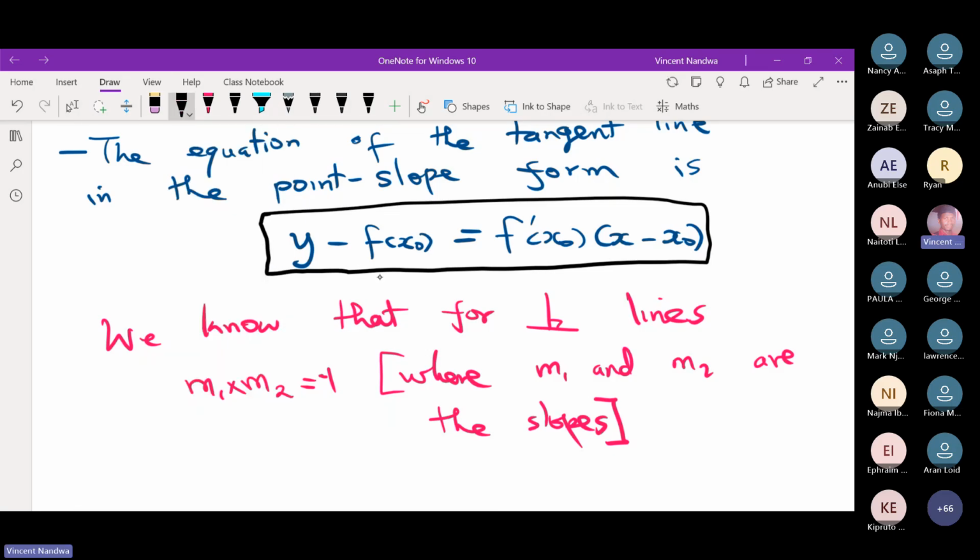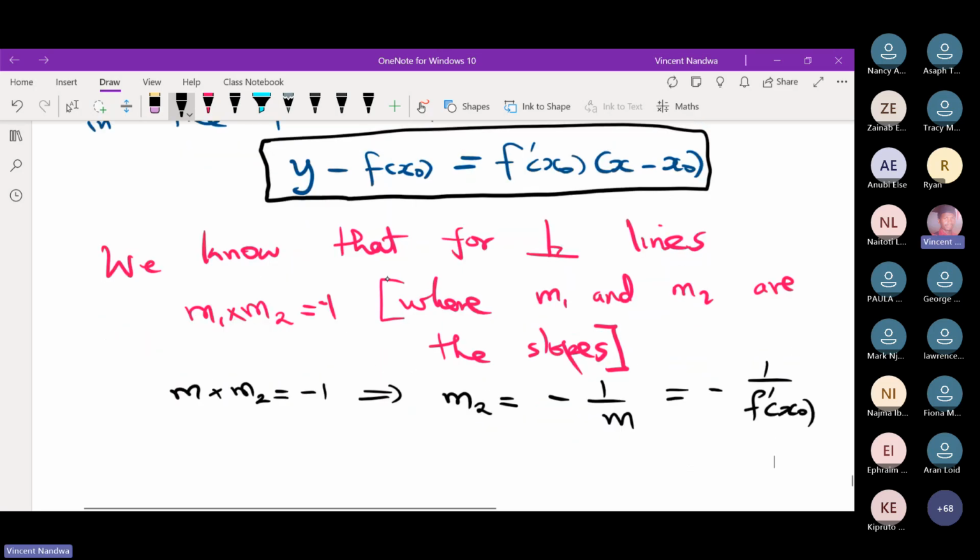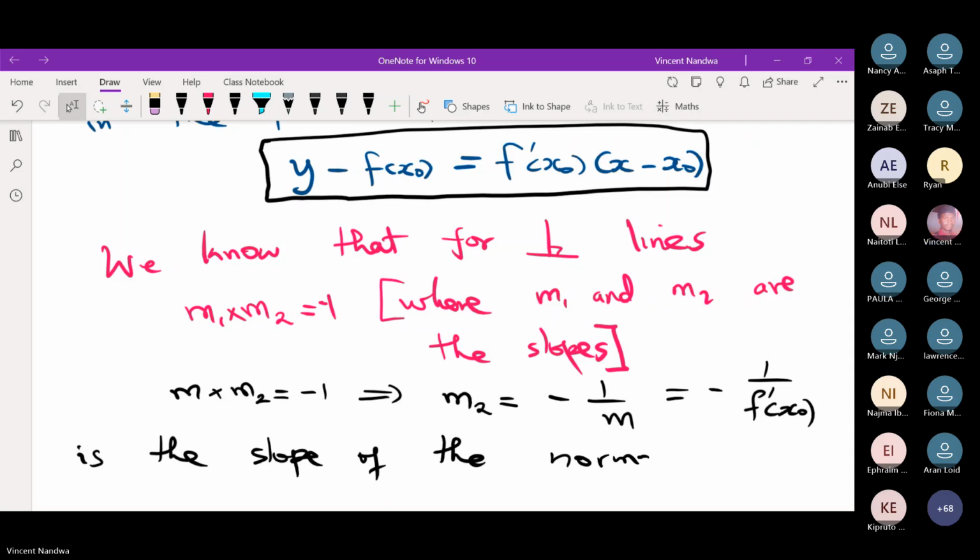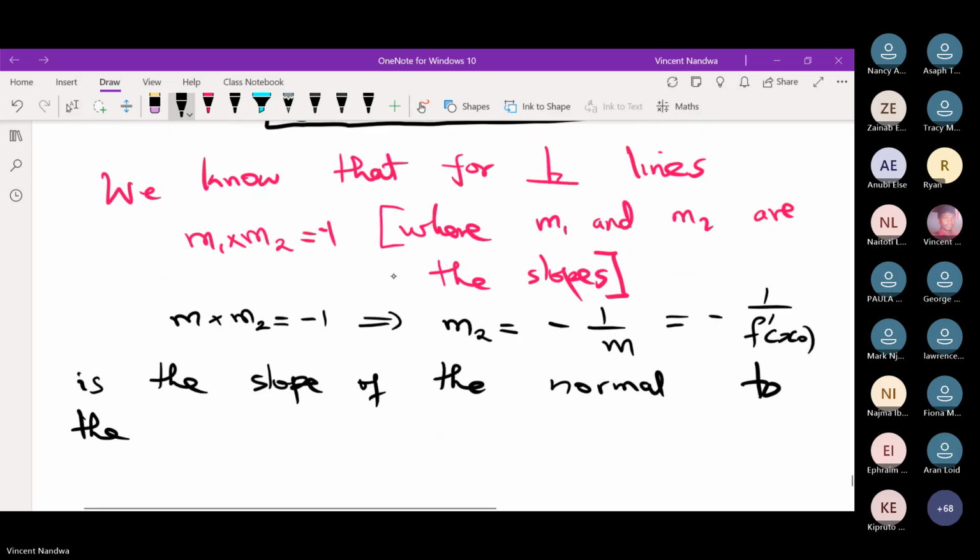So which means m times M2 is -1, which implies M2 is -1 over m, or -1 over f prime at x naught, is the slope of the normal to the curve y equals f of x at point P.